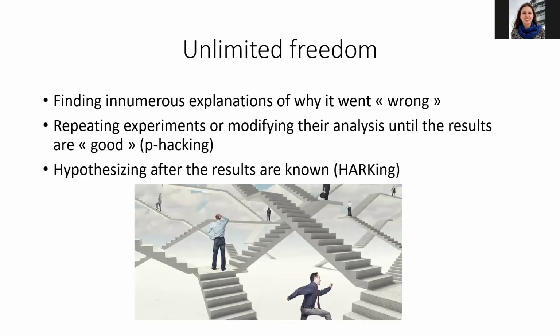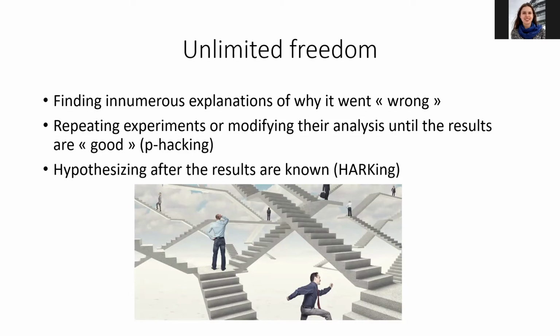Why would this reporting bias be so common? At some level, it can be attributed to the experimenter having too much freedom to decide whether to include data or not. I think we can relate that to our day by day in the lab. Sometimes we get results that don't match our expectations, and then we start to find that reason, that other reason why the experiment wouldn't have worked, let's say.